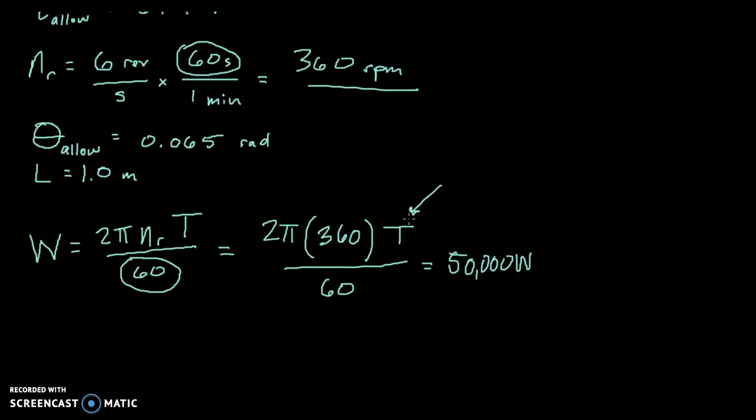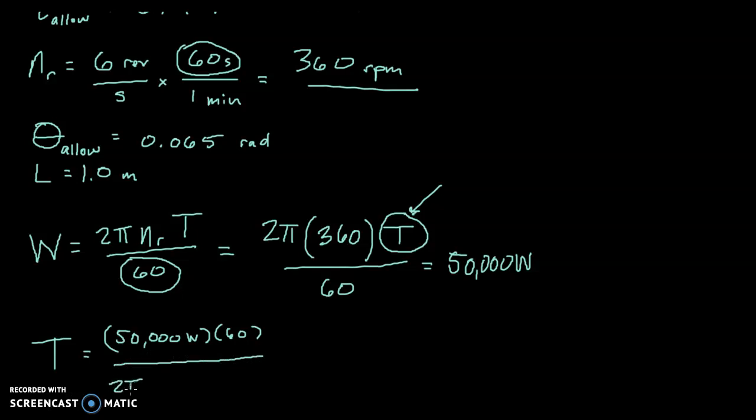So we want to solve for T. So T is going to be equal to 50,000 watts times 60 divided by 2 pi times 360.